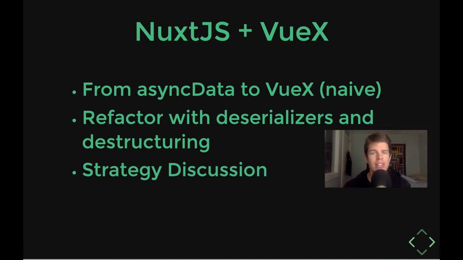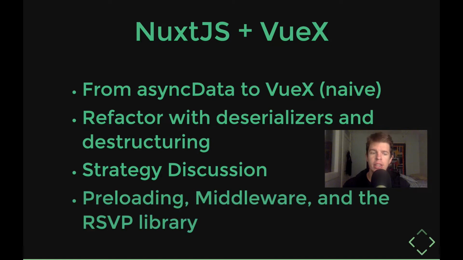Then we're going to have a strategy discussion on how we load data and the different types of strategies available to us and which ones work best for our particular situation. And then once we've chosen that strategy, we're going to implement that strategy using Preloading, Middleware, and the RSVP library.